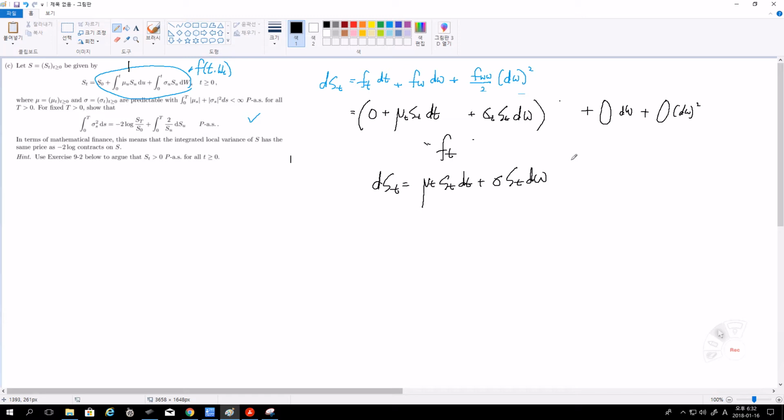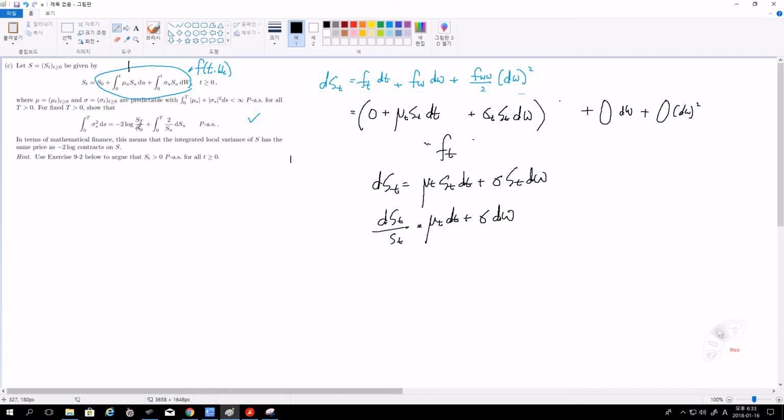And then if we rewrite this one, dividing each side by S_t, we get dS_t over S_t equals mu_t dt plus sigma dw, something like this, right? Now we also have a log over here.